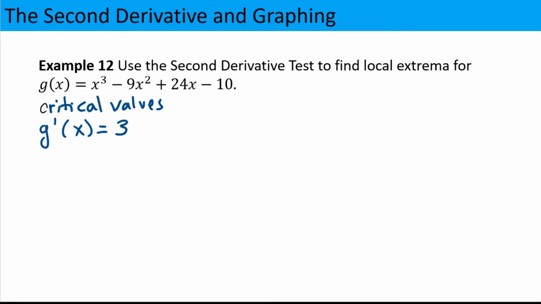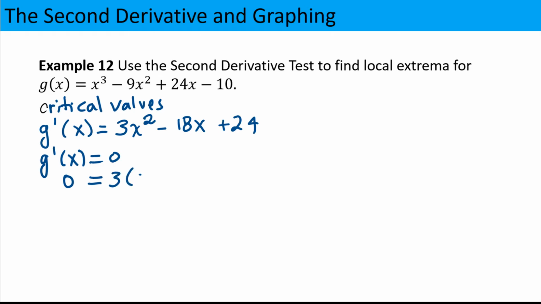That would be bring the 3 down, then you have x one power less is squared, minus bring the 2 down, that'll be 18x, plus 24. Critical values, again, we need to set this equal to 0. So 0 is equal to, I'm going to factor out a 3, and you get x squared minus 6x plus 8.